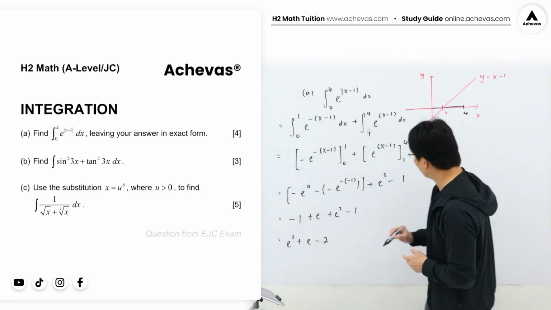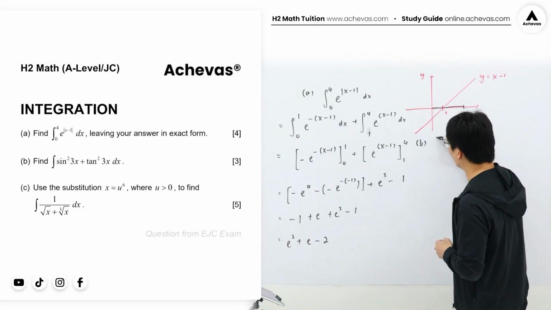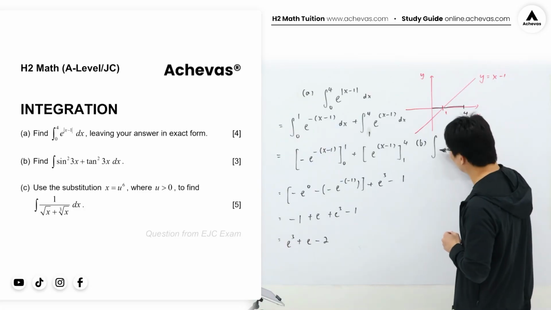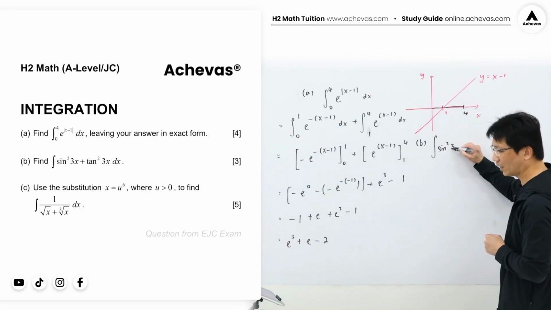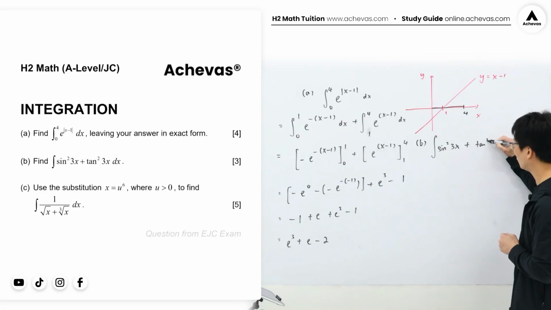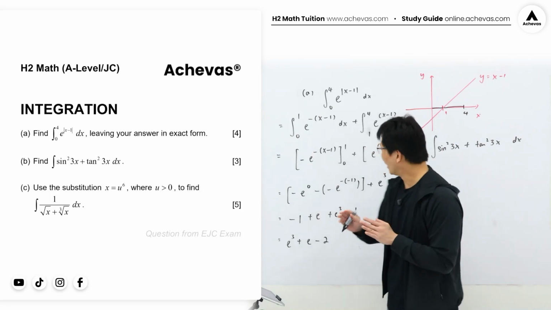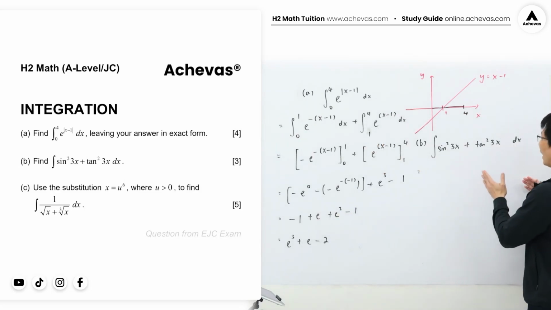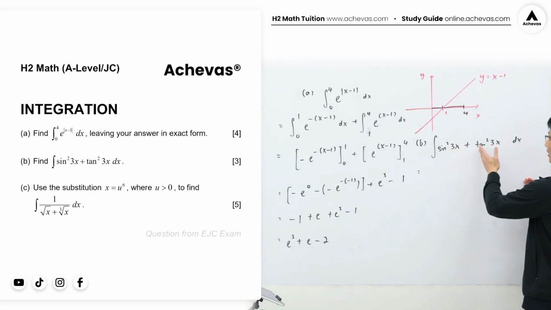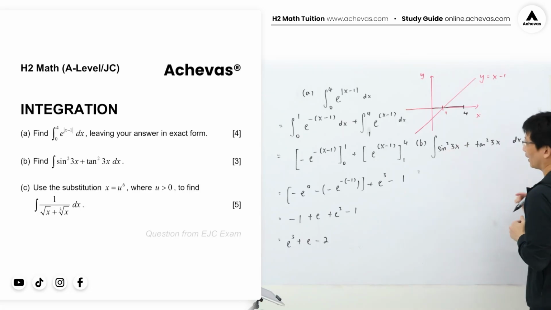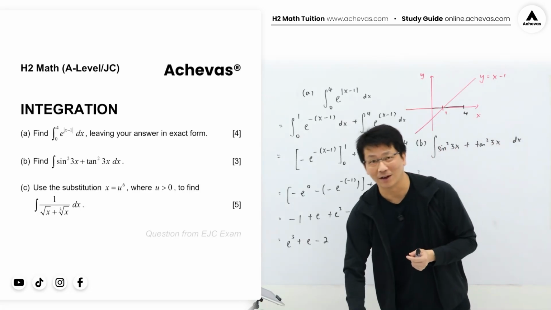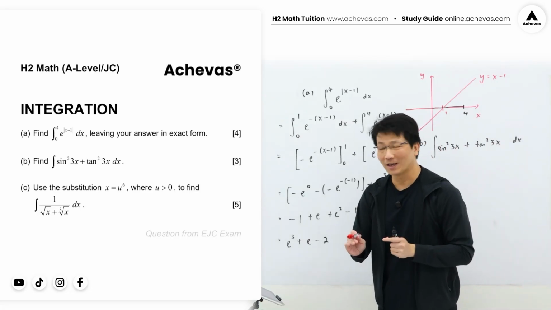For part B of this question, we are asked to find the integration of sine squared 3x plus tangent squared 3x dx. We are just going to solve this using 2 different identities for sine and tangent. For the sine, we are just going to use the formula from the MF27.